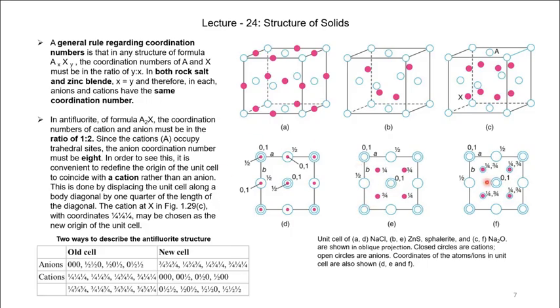That's what we are showing here. So in summary, we can say that both by using the unit cell and the coordinates of the atoms or ions, we can describe a crystal structure.